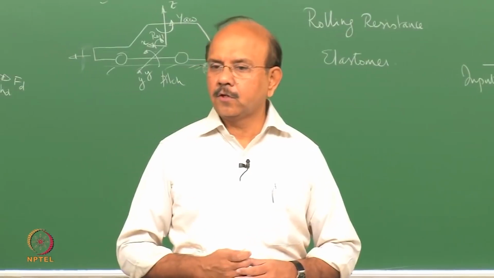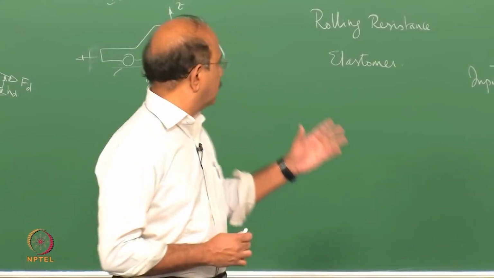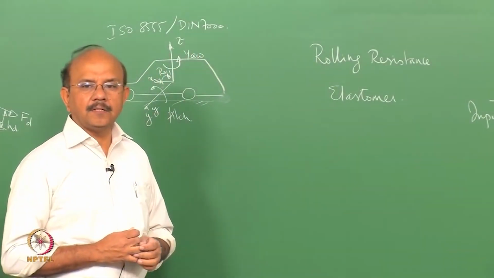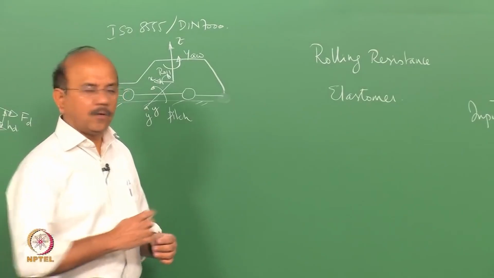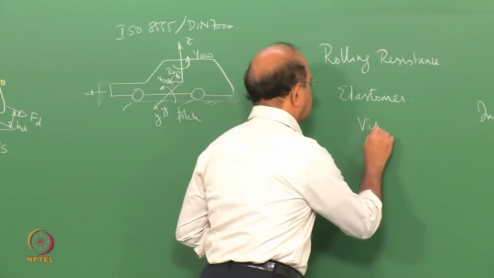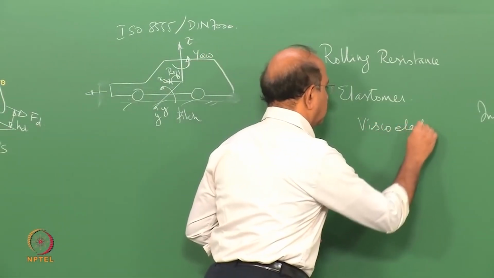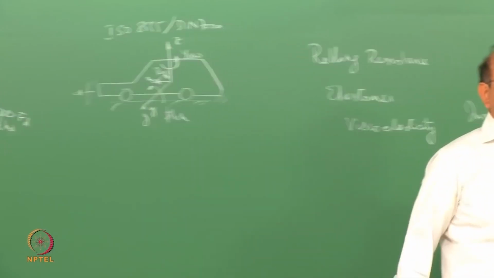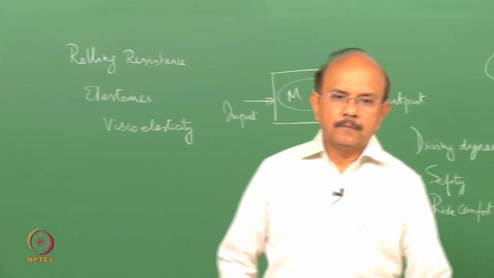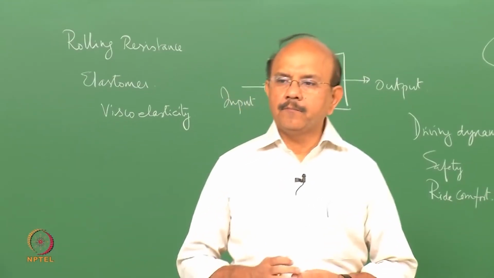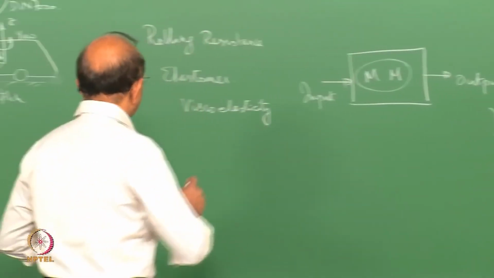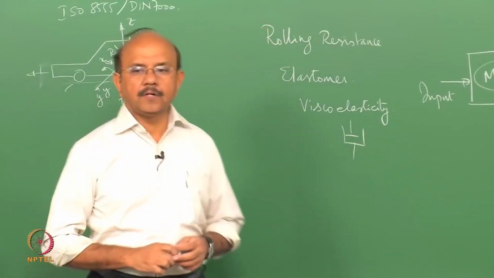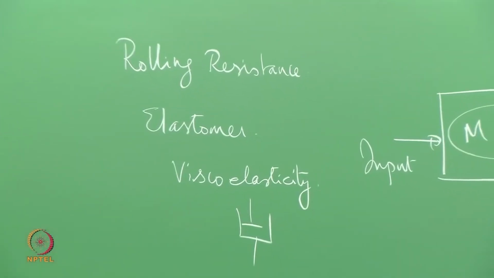Elastomer or rubber, as it is called, is what goes into the manufacture of the tire. Elastomers have a property called viscoelasticity, usually depicted by a dashpot in order to understand the effects.